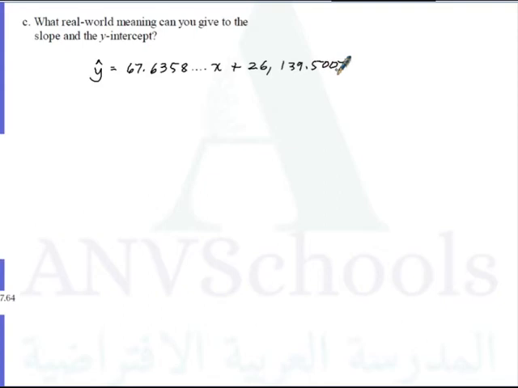Okay, what is our slope? 67.6358. And our y-intercept is 26,140.